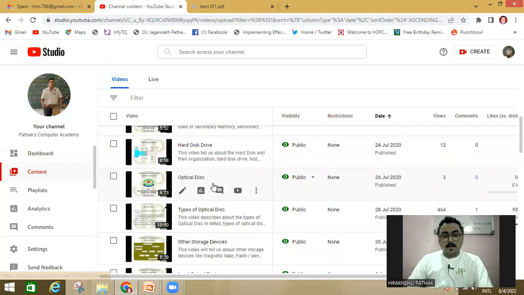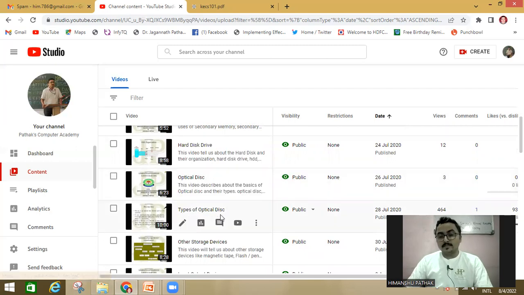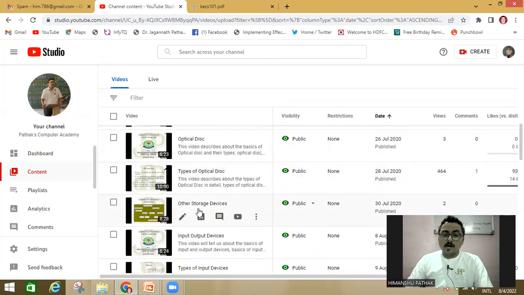With the help of a diagram, I have described HDD. Other than this, I also discussed what an optical disk is and the various types of optical disk, either CD, DVD, or Blu-ray disk. I have taken each topic individually and elaborated it. I also discussed some other storage devices.